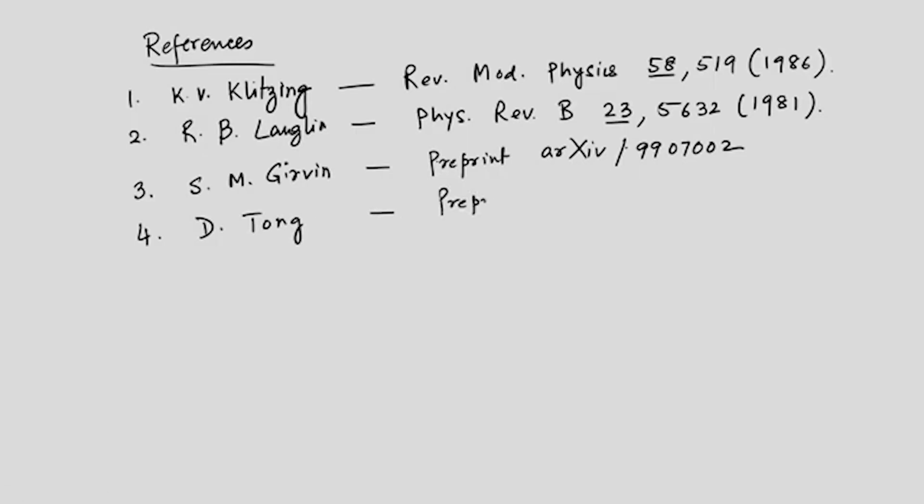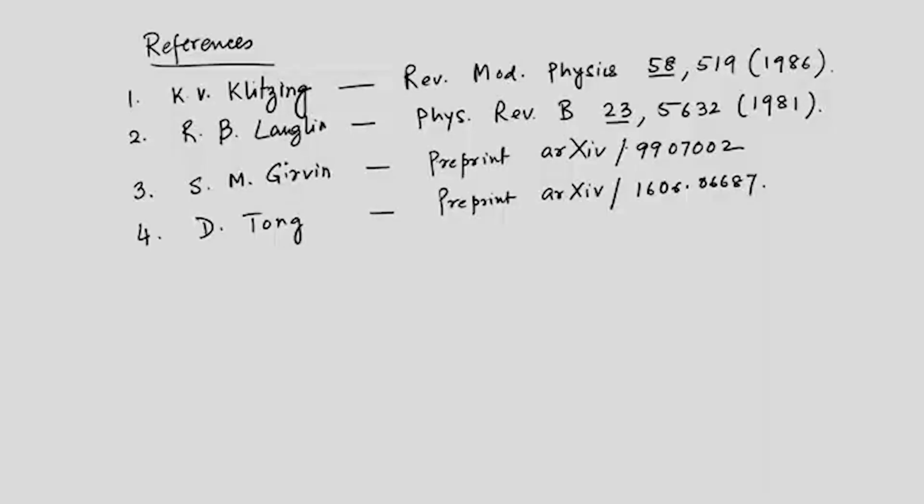This is a preprint as well, and it's probably a part of the TIFR Infosys lectures, and this is again available freely in the archive, 1606.06687. Apart from that, there are a number of references which may be used. I'll tell you as and when they are used, and they are useful for you to learn the subject.